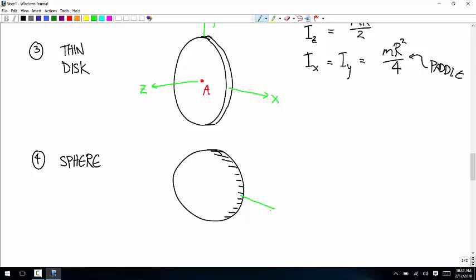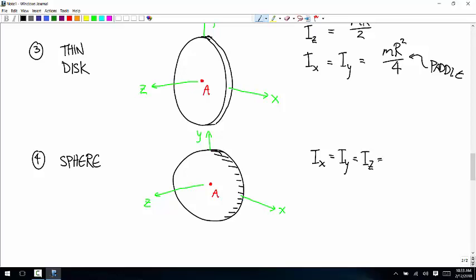Okay, so there's x, z, y. And as you would expect, all three of these are the same. Ix is equal to Iy is equal to Iz.